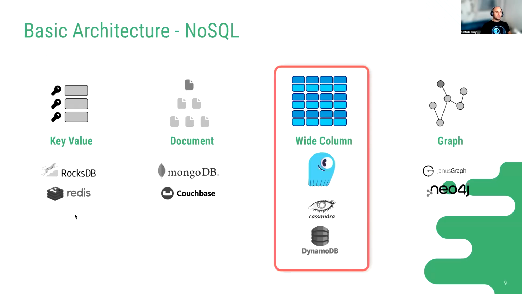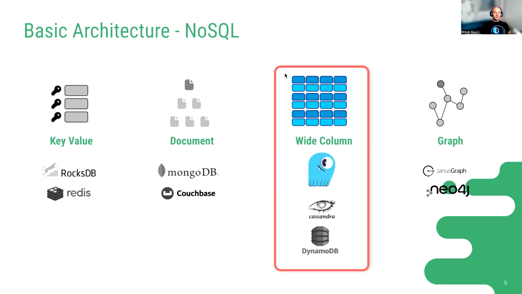Going into a bit more complex data model would be document store databases, and there you can store the data in pre-formatted documents. Think about XML or JSON or others. And examples here are MongoDB and Couchbase, and of course there are many more. The focus today is on wide column databases.